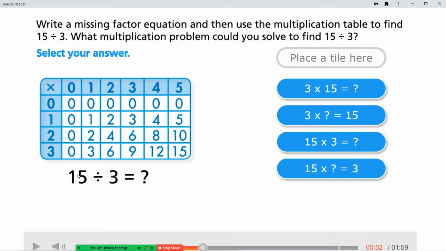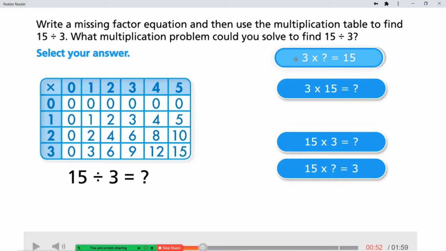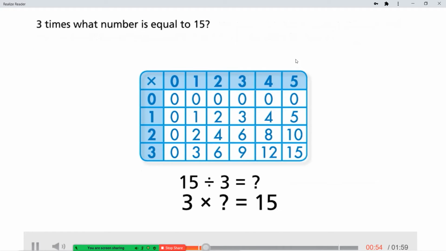Remember, when you're dividing, your dividend, that's your big number, is the number you start with. When you're multiplying, that big number is going to be your product. So you kind of flip it around and read it backwards. So over here, our related multiplication fact is going to be 3 times a number equals 15. 3 times what number is equal to 15?